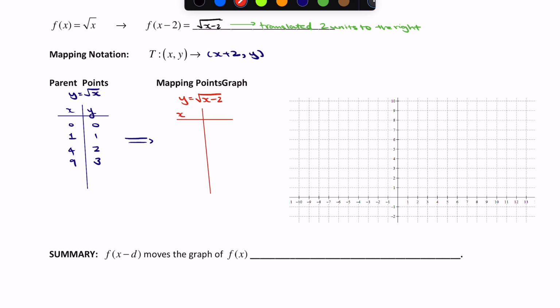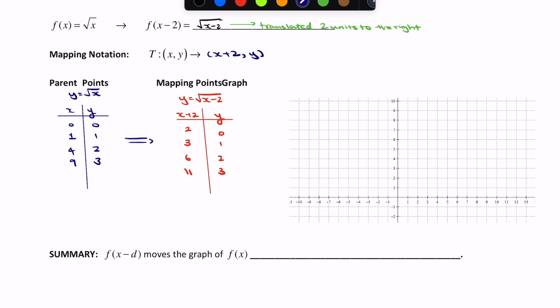Now remember here, we're not subtracting 2 from the x values, but rather we are adding 2 to the x values, and our y values will stay the same. So here, adding 2, we get 2, 3, 6, and 11. And for y, we get 0, 1, 2, and 3, which stays the same.